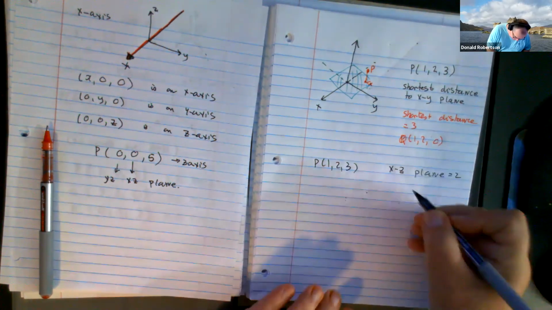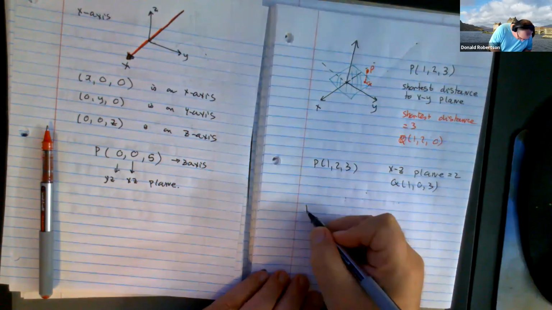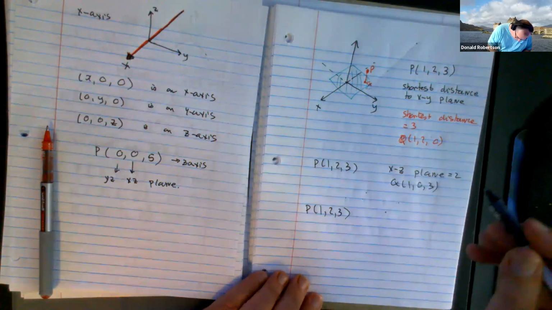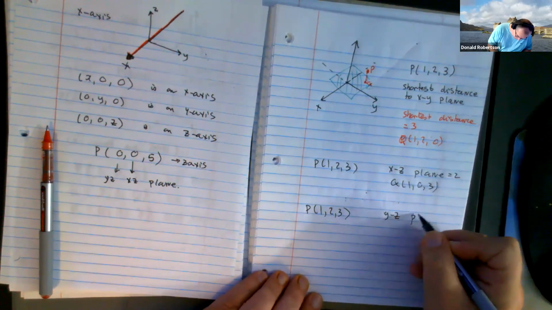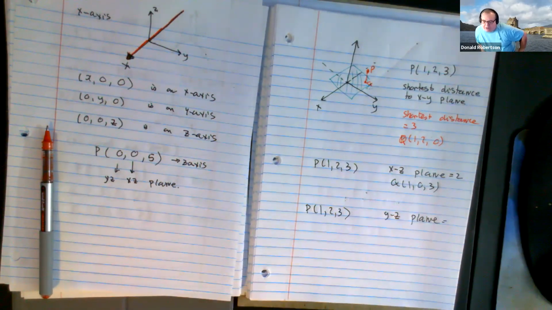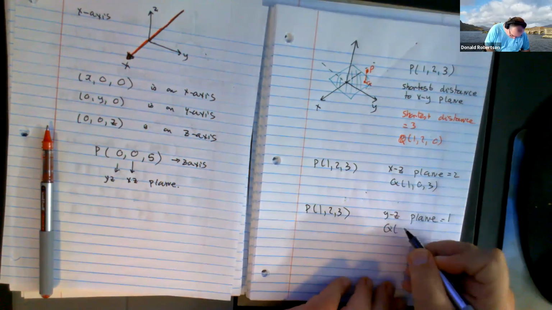And wouldn't it meet at the point 1, 0, 3? And for completeness' sake, what would the shortest distance of this point be to the YZ plane? Great. And wouldn't it hit at the point 0, 2, 3?